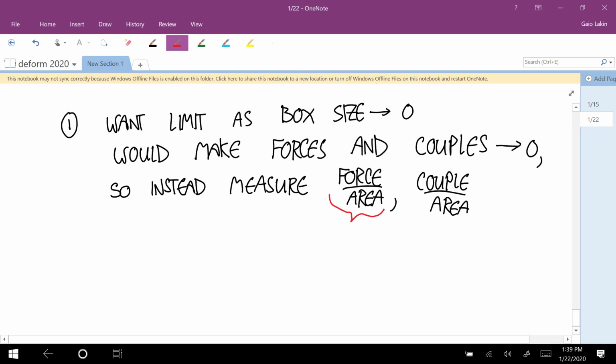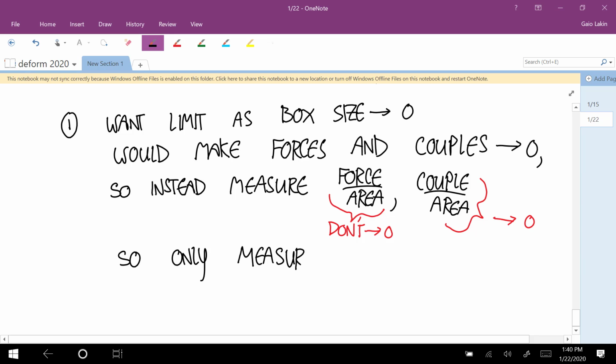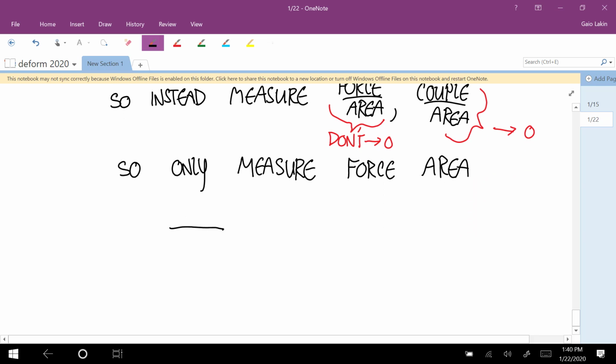The forces per area don't approach 0, so that worked out just the way we want it to. The couples per area do approach 0. And so if we think of this internal loading as the force per area and the couple per area, we can forget about all of those 18 couple values. So let's say we're only measuring the force per area. Okay, so let's draw this infinitesimal box.